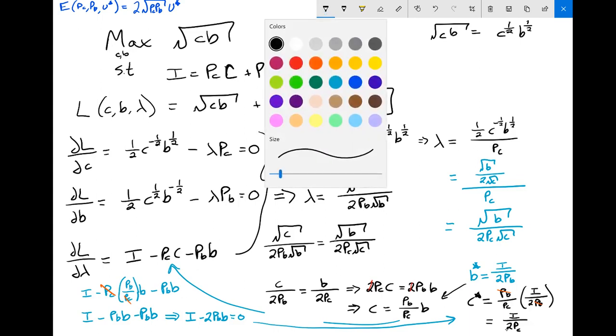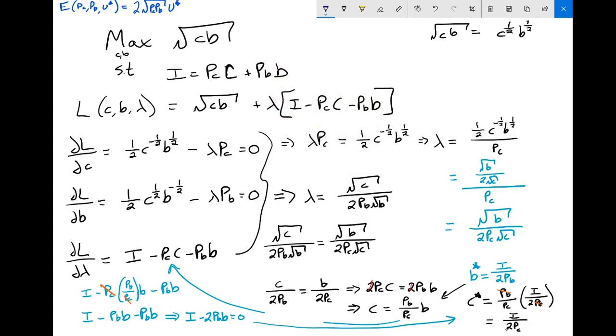So there we have it. We have maximized the utility function that corresponds to the expenditure minimization problem that we did earlier. So now we have C star is I over 2PC, and B star is I over 2PB. We have maximized this utility function.